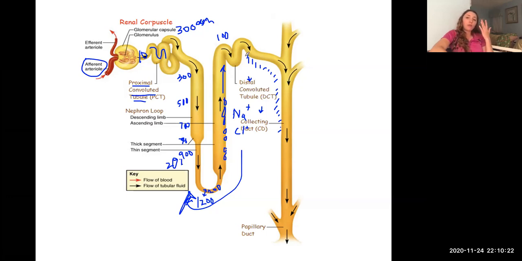They're located all along here. The less ADH or aldosterone, the fewer aquaporins that are going to be open. The more ADH or aldosterone present, the more aquaporins will be open to allow for water to move.